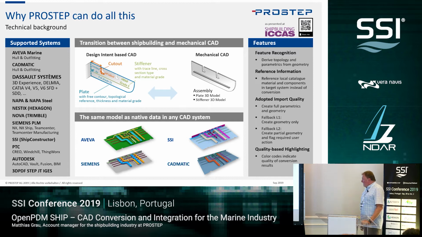Again, that basically enables us to turn designs from one CAD system into another one. So it can be from an early design into a basic design and a detailed design system, but it can also be between different CAD systems in the same stage of the process.